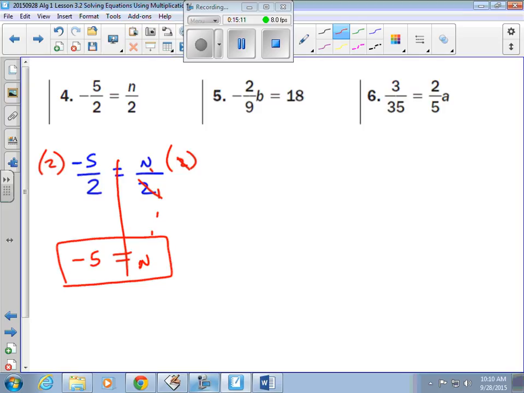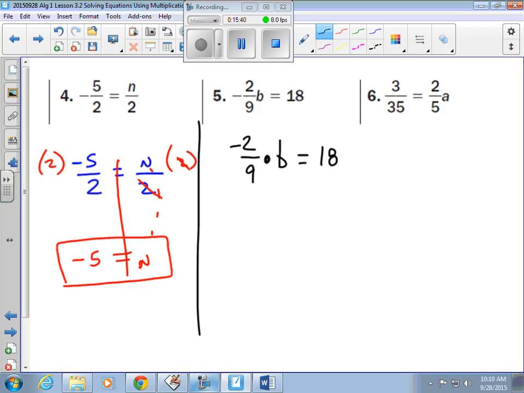But number 5, it says negative 2 over 9 b is equal to 18. So that says times b. You could choose to undo multiplication by dividing by negative 2 over 9. But remember, after you divide by negative 2 over 9, you're going to have to flip it and multiply anyway.